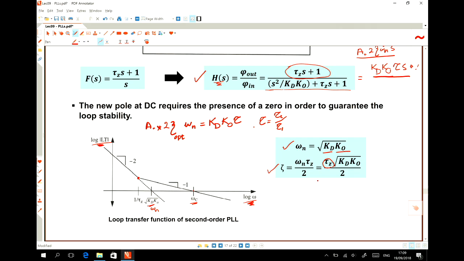So when we calculate the log of H(s), this is tau z.